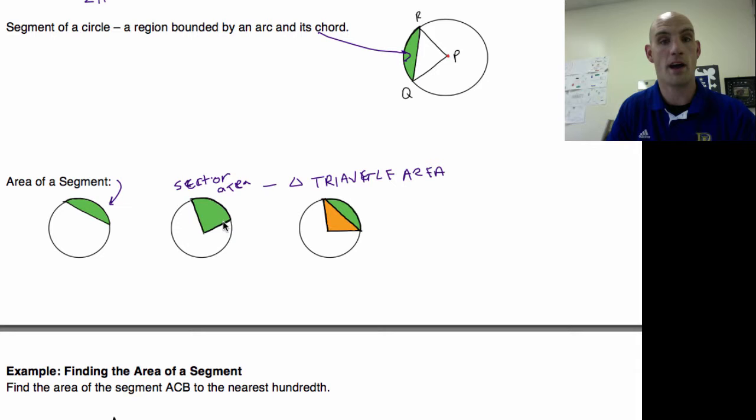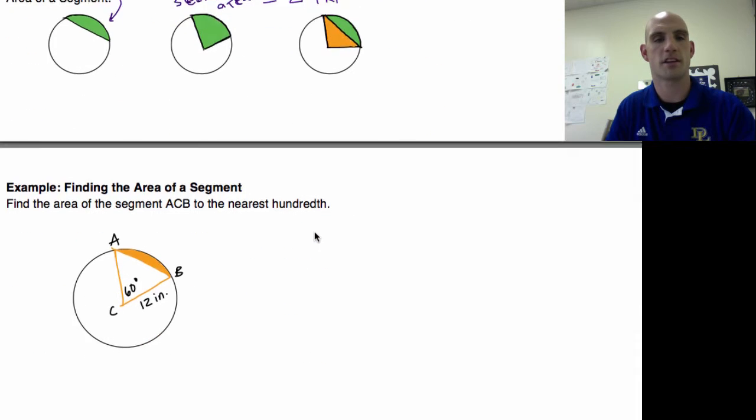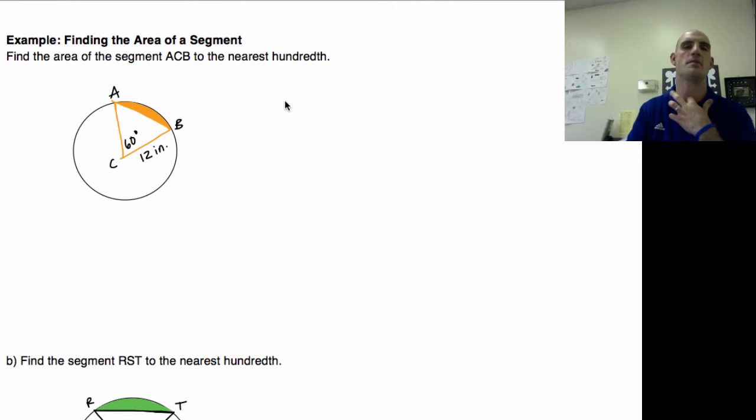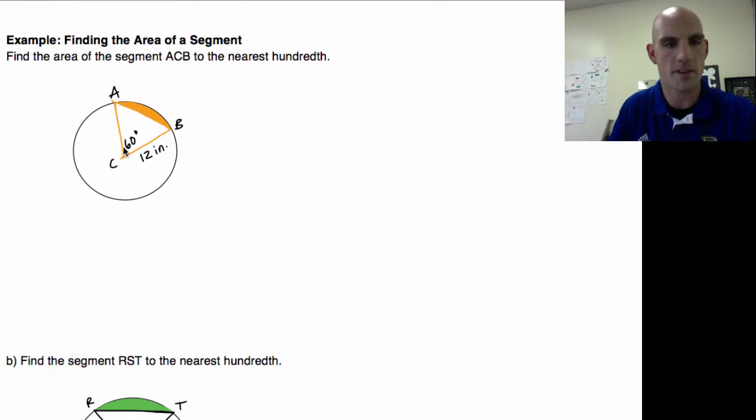Because we have the whole wedge minus this triangle, it's going to leave us with whatever's left over. So if I'm going to find the area of the segment ACB to the nearest hundredth, and I'm given this arc length, I'm going to start out with the sector area.